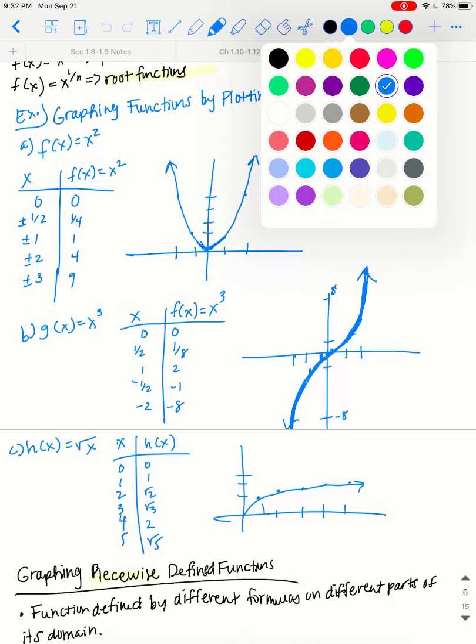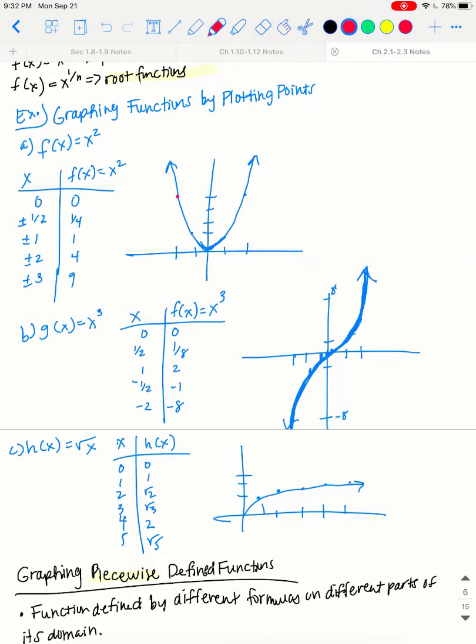We have (0, 0), (1/2, 1/4), (-1/2, 1/4), (1, 1), then (2, 4), and then (3, 9), all the way over there.